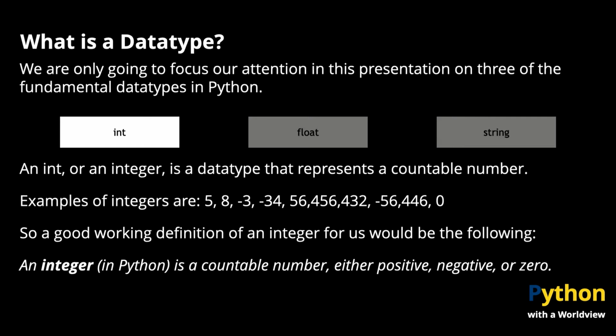So a good working definition of an integer for us would be the following. An integer in Python is a countable number, either positive, negative, or 0. Extra emphasis is on countable. That is, a number which is a whole number, positive or negative or 0.